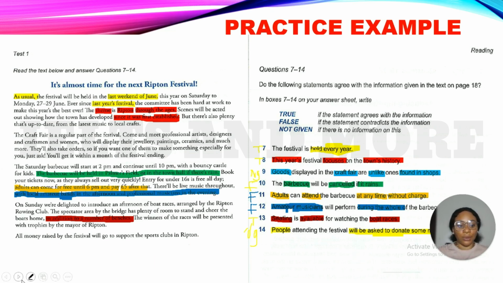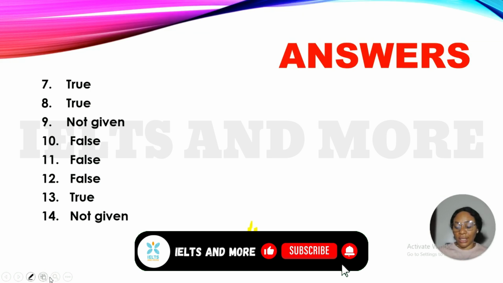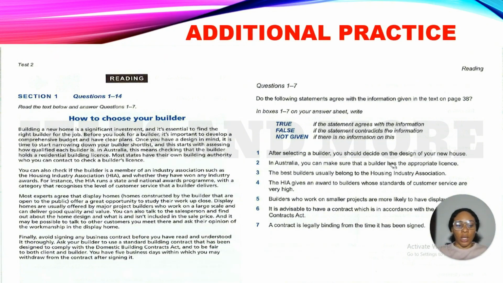We've spent a lot of time on this slide, but that's what it should be, right? So these are the answers to the ones we just got. Okay, so it's your turn to attempt.